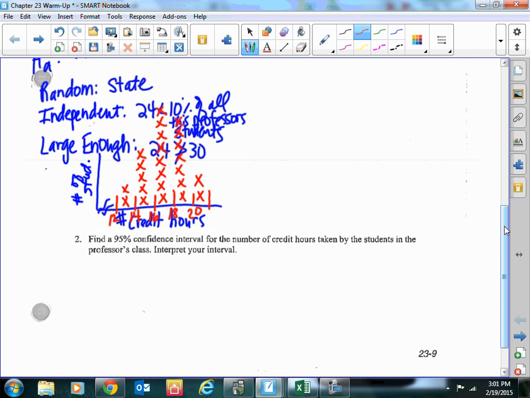All right. So I can see that this shape is kind of like this. All right. So I'm going to say my conclusion for those is that, and you have to write this, it is unimodal. It is somewhat symmetric.